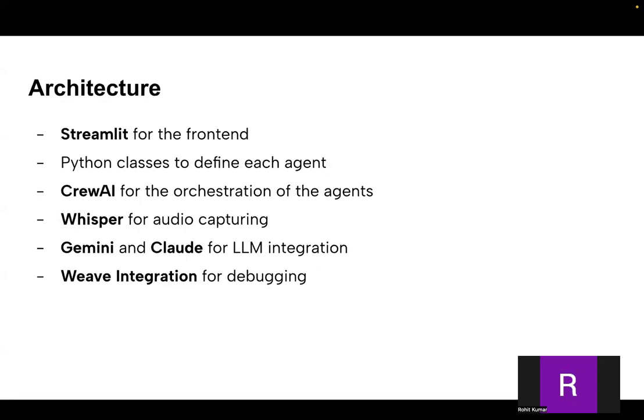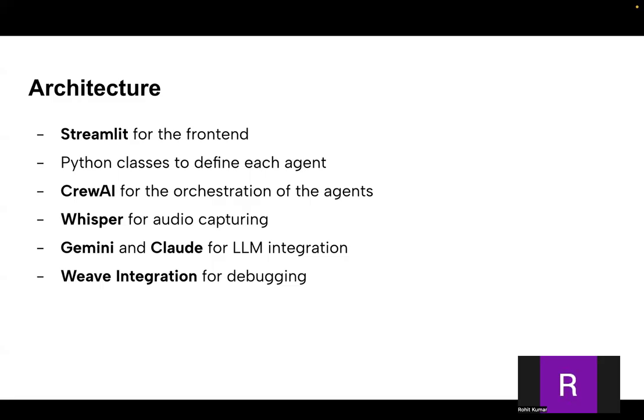The architecture we had was Streamlit for the front end. Streamlit is fully in Python, and since a lot of us weren't web development experts, we weren't super good with JavaScript and HTML at the time. Then we had Python classes for each of the six agents.